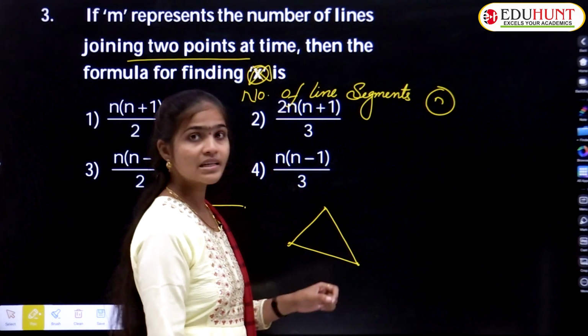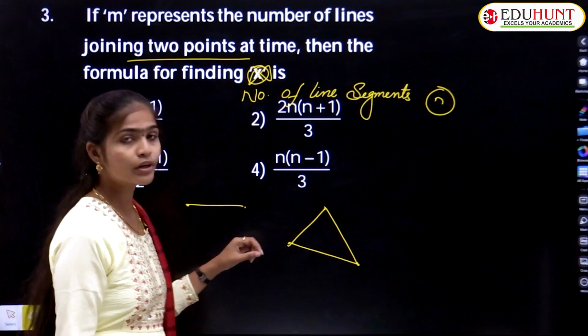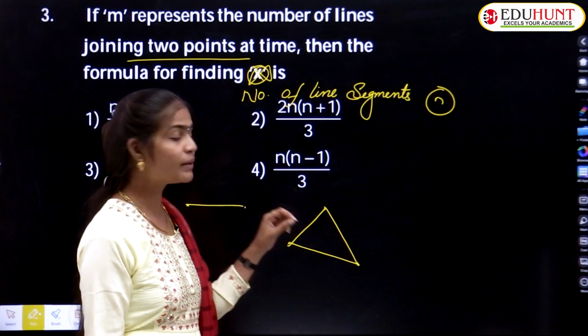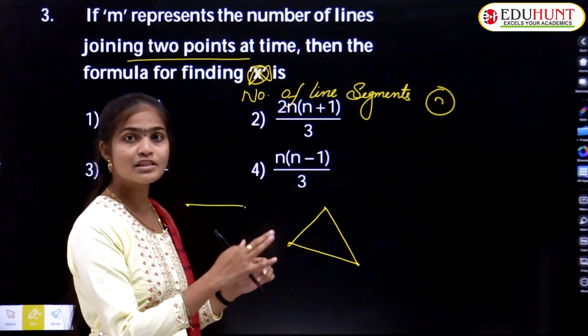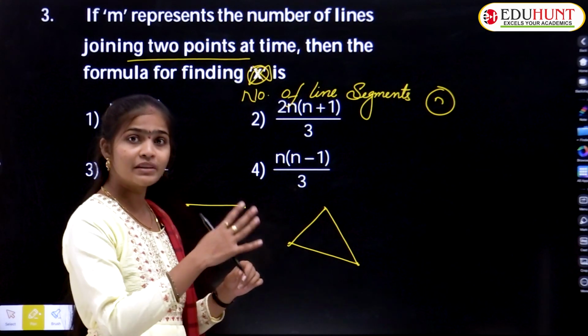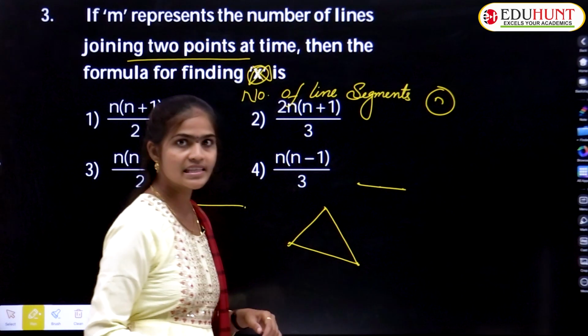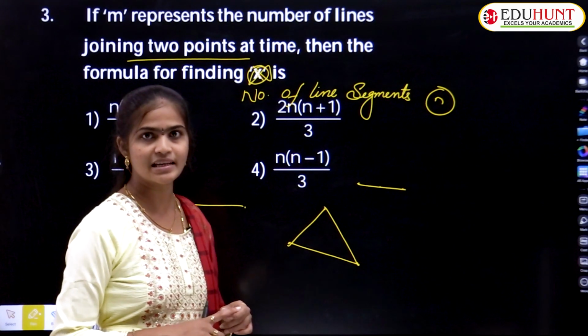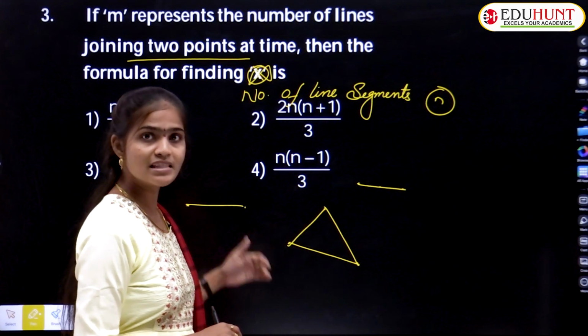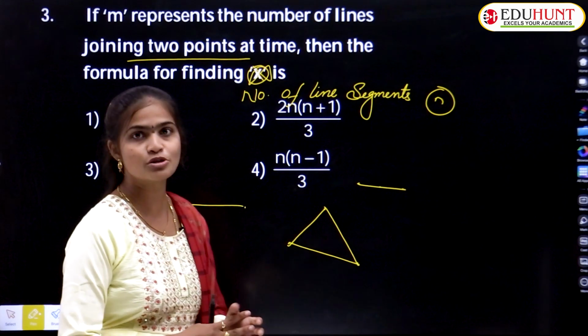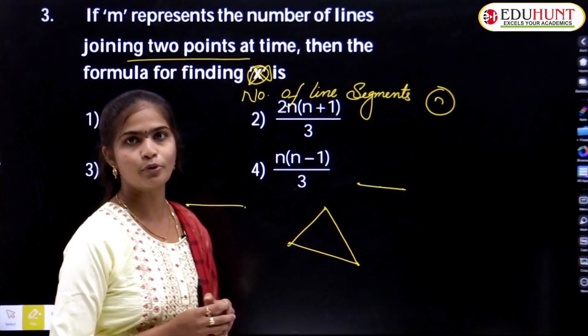And again, the most important point to keep in your mind is that those 3 points should be non-collinear. If the 3 points are collinear, then we have only one line segment. So we apply this formula when the points are non-collinear.